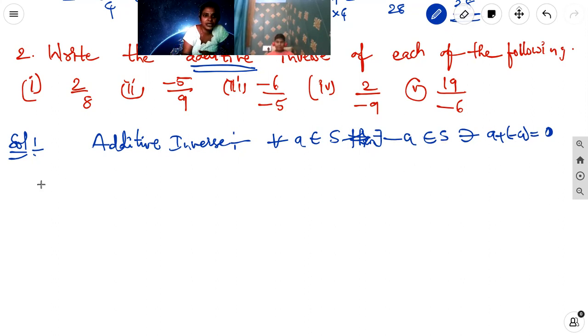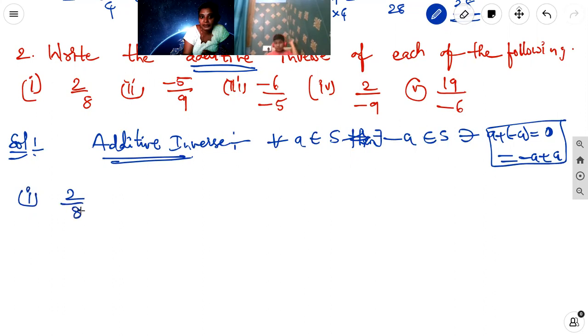Here the first question is minus A plus A. It is the property of the additive inverse. You can recall the additive inverse property, then you can write what value is suitable for the given. Here 2 by 8's additive inverse is minus 2 by 8 only.